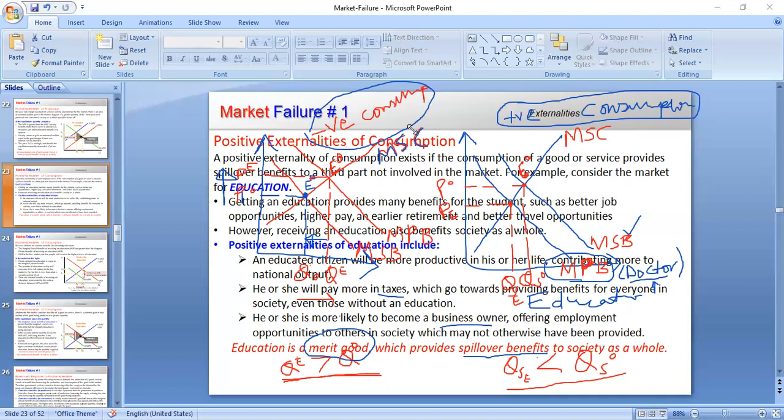So I can ask you a question. Why are doctors few in the world? Because we've seen that example of education, maybe a doctor is a positive externality in consumption. So it's just by default.